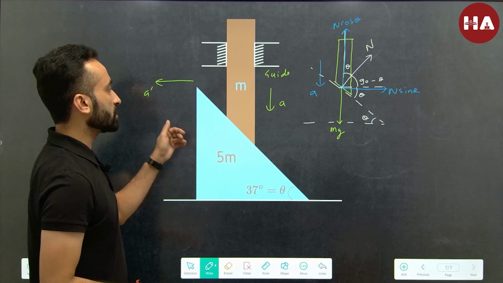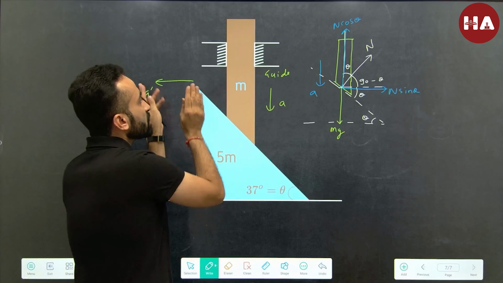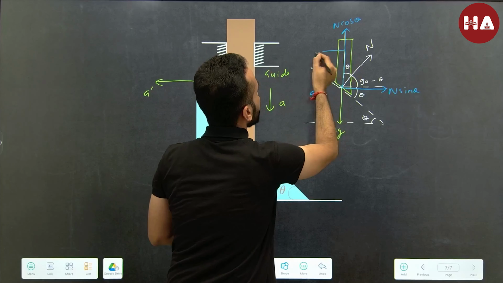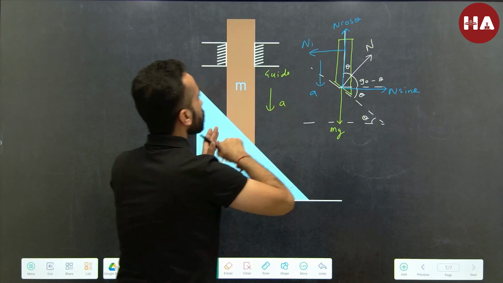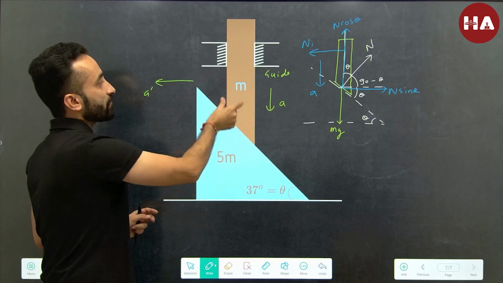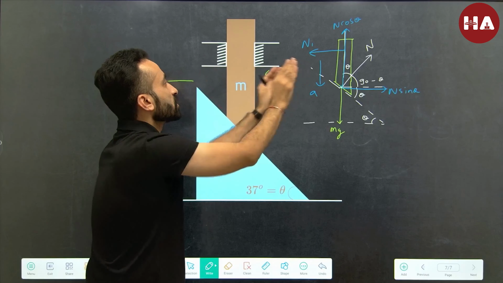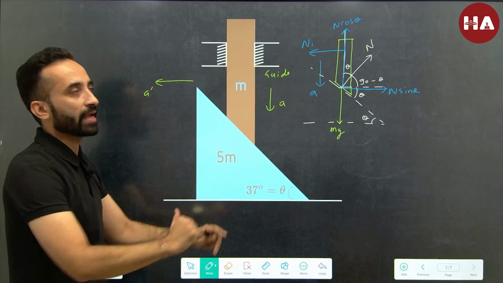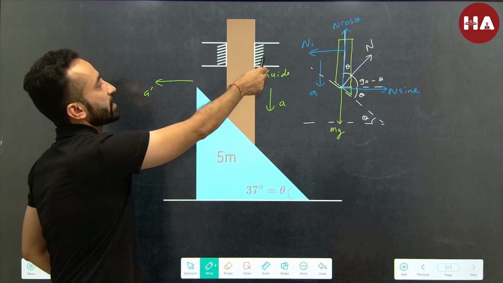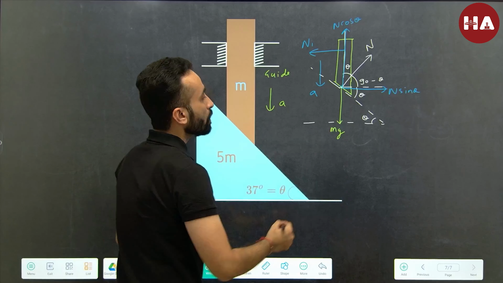Because in the x direction, if it is feeling a normal reaction because of the 5M, then this block will be pushed towards the right guide, and this right guide will provide a further normal reaction to balance this off. So this long block is going to be pushed towards the right guide, and that will give it a reaction. But right now we are not interested in finding this normal reaction.